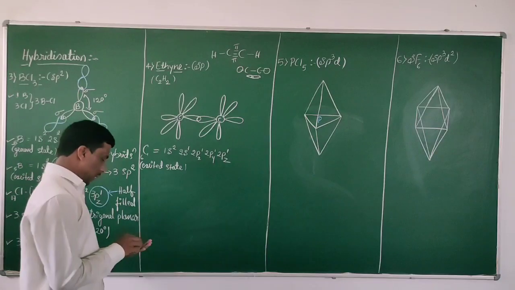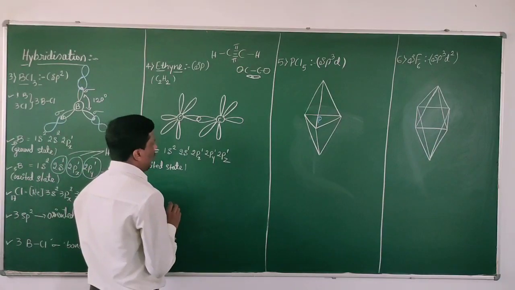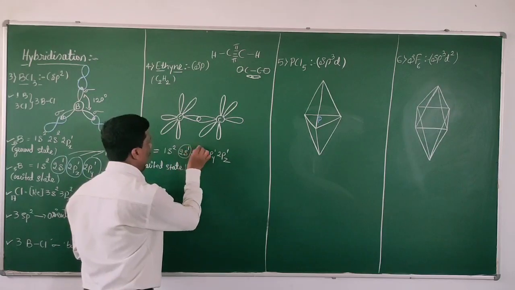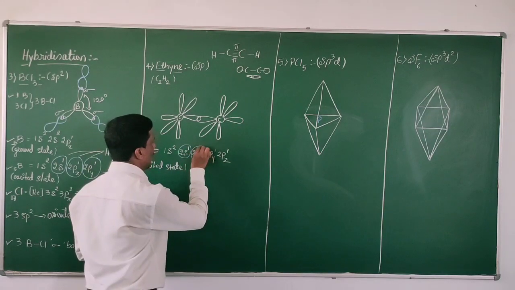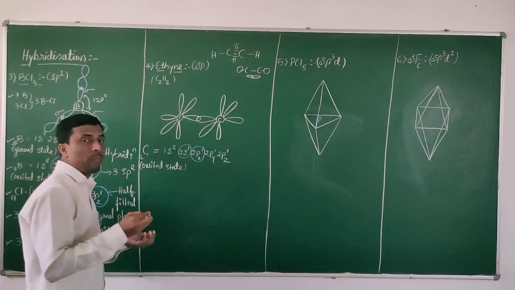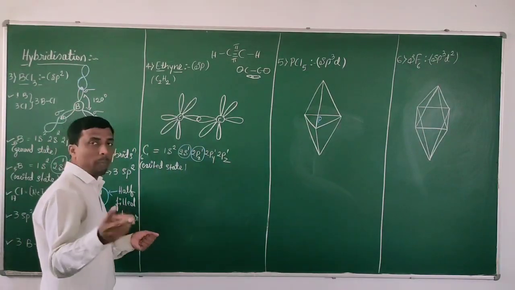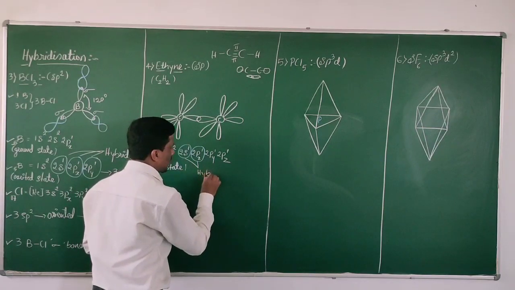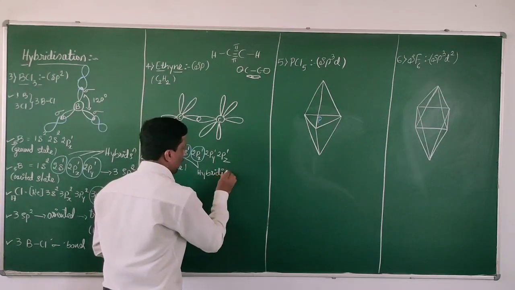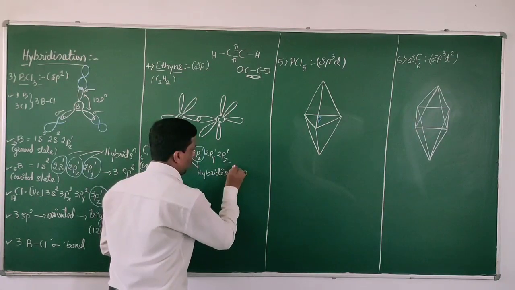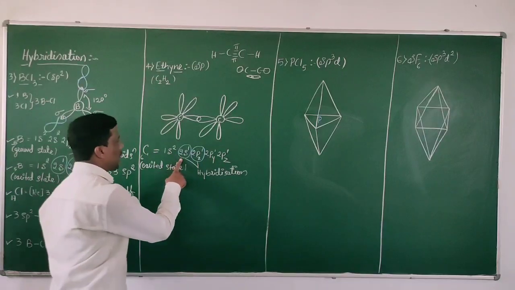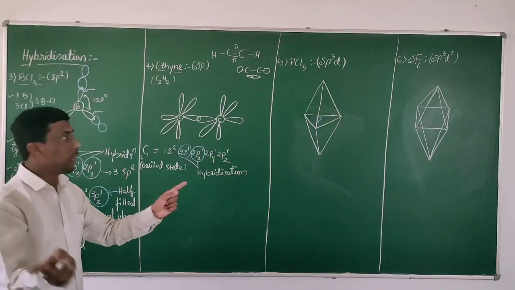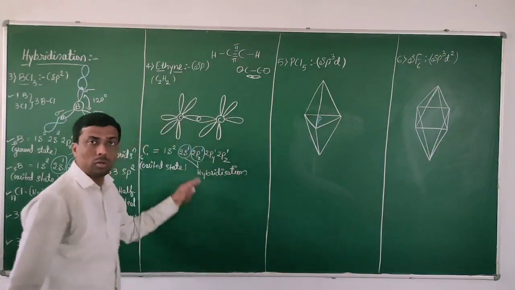Okay, here see here. Here what happens? One 2s orbital and one 2p orbital of the carbon atom of both the carbon atoms undergo hybridization. ಎರಡು carbon atoms ಇದೇ ರೀತಿ ಆಗ್ತಾ ಇದೆ.